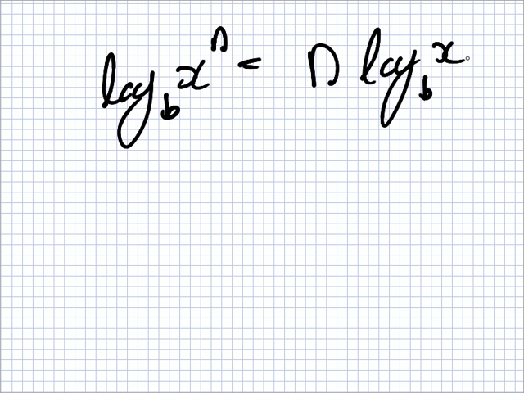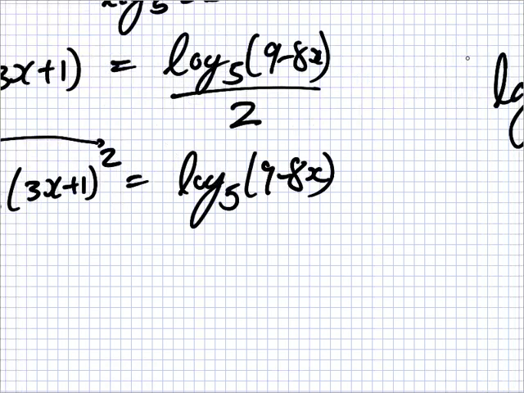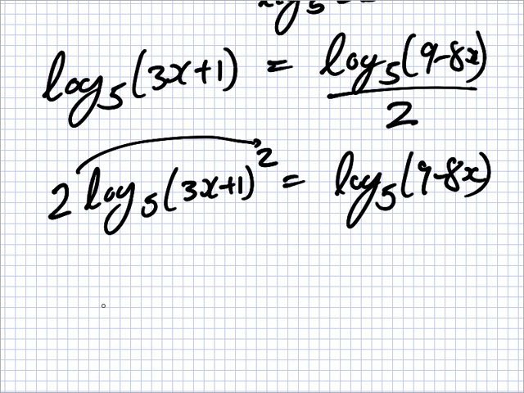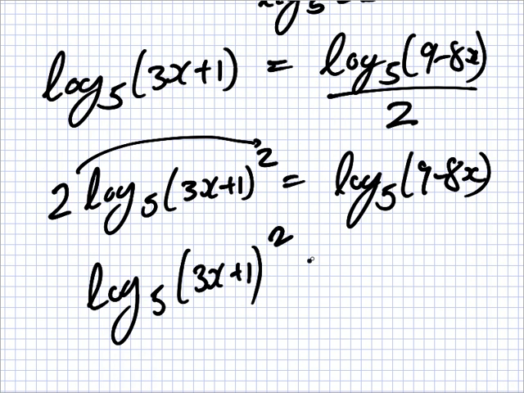Yeah? Okay. It's the same. So now you have log 5 of (3x plus 1) squared equals log 5 of (9 minus 8x).